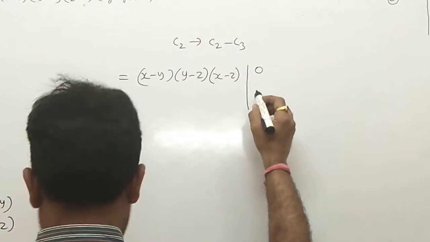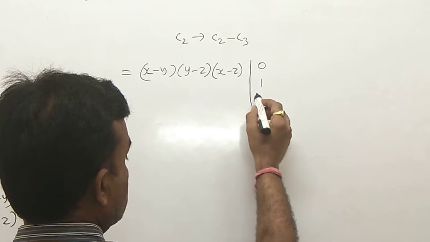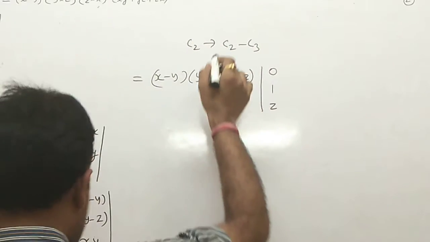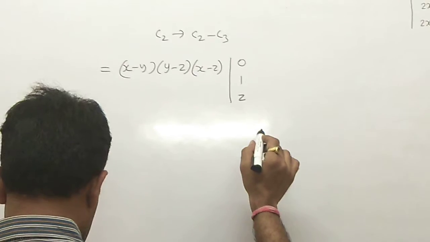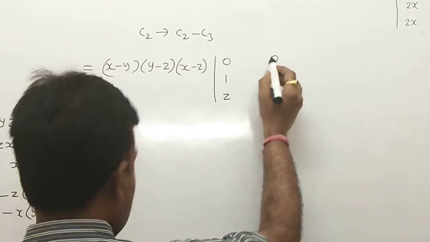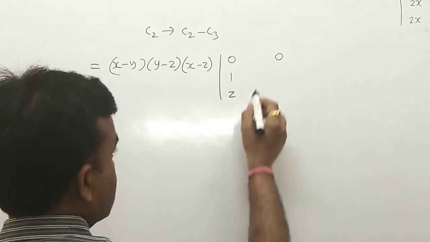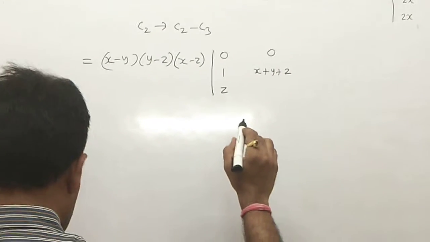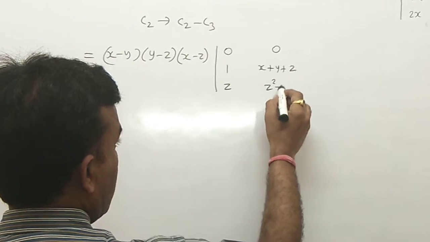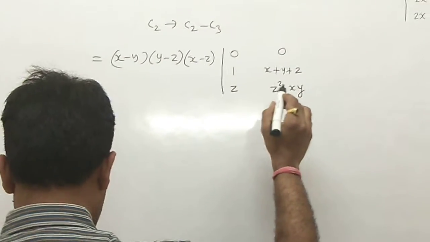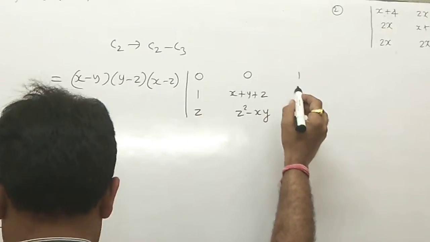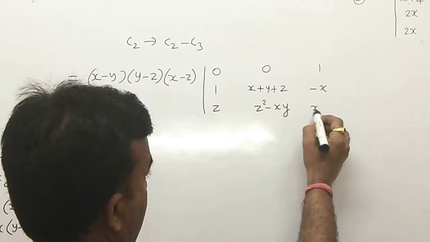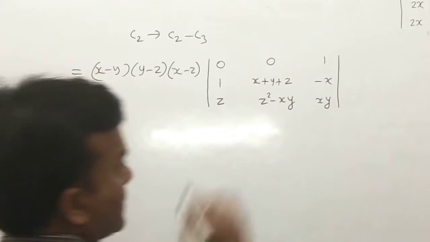You write the first column as it is, because there is no change in the first column, because you operate C2, only the second column you operated. So 1 minus 1 you have 0, and y plus z plus x, so you have x plus y plus z here, and then z square minus xy, and then 1, minus x and xy you put as it is.